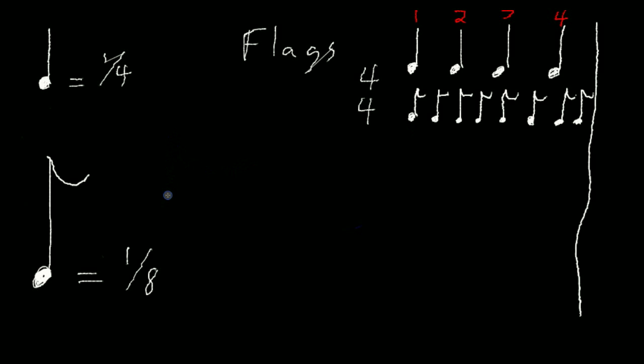The concept of a flag is that for each flag we add, we divide the note's value in half. So probably the next note you would be learning in a regular music education class would be the 16th note. What do you think a 16th note is going to look like? It's going to look like a quarter note, but with one flag, two flags.